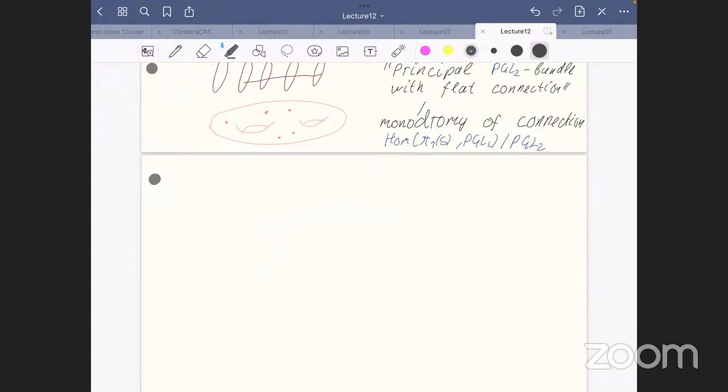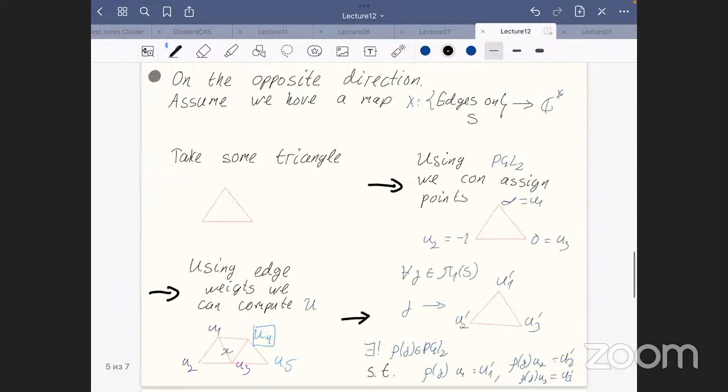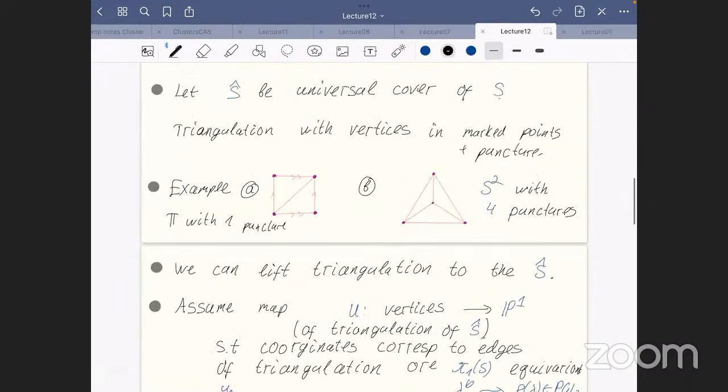Okay. Let us just look a bit at some example. Example A will be the same as above, the torus with one puncture.